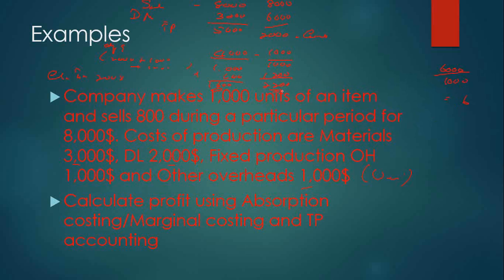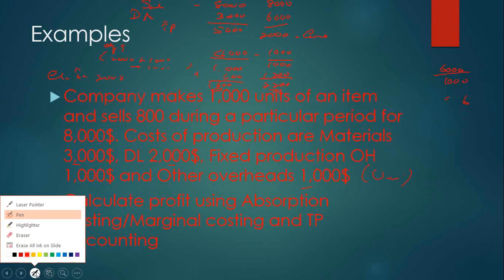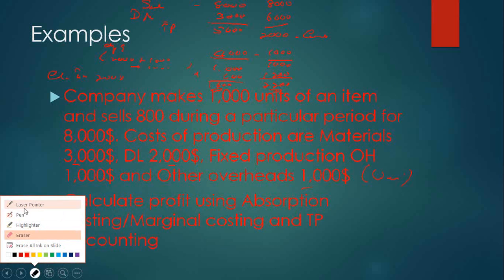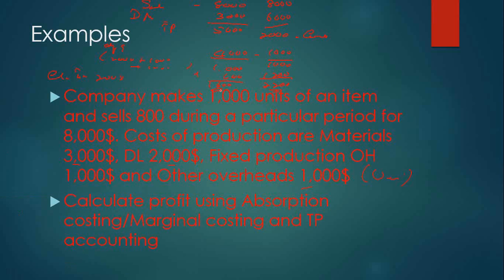Now let's look at the same thing with the total production cost, absorption costing. Let's assume that absorption costing is also used. The sales are 8,000 still.